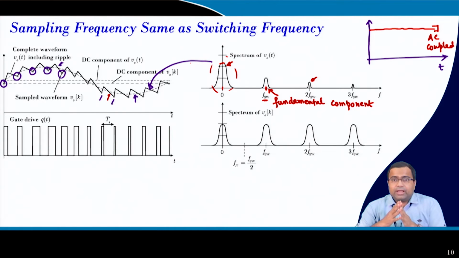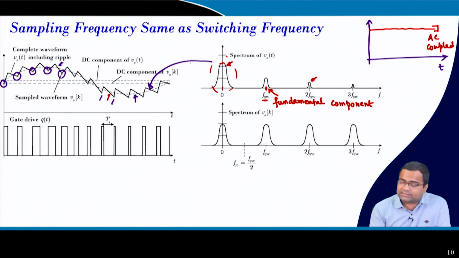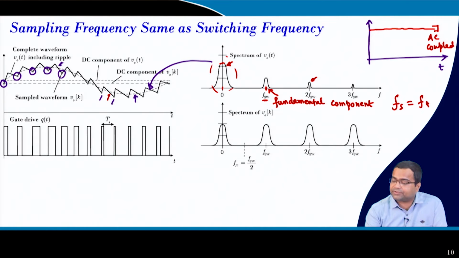Now, if we take one sample per cycle, then what can we expect? We saw that with one sample per cycle, your sampling frequency is the same as the switching frequency, and at 0 frequency it will also have a side lobe. So we will get FSW, then FSW plus sampling frequency, and in this case the sampling frequency is the same as the switching frequency.